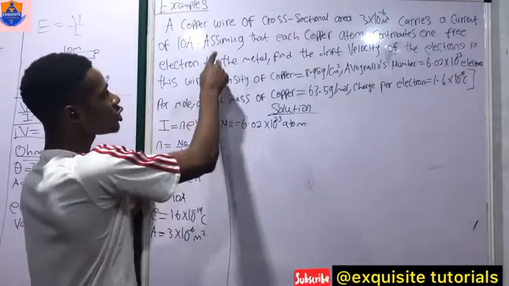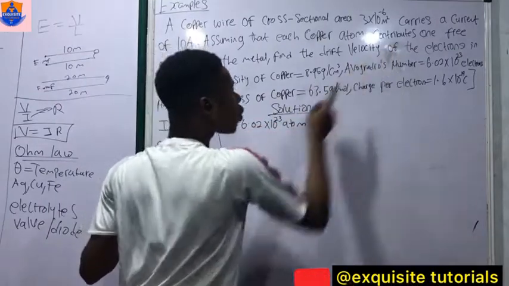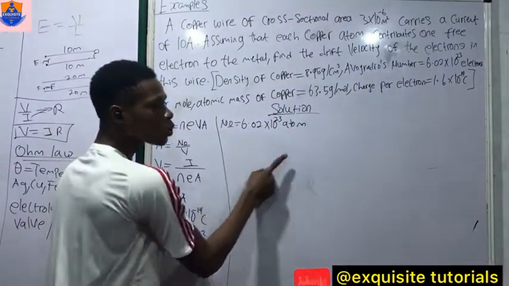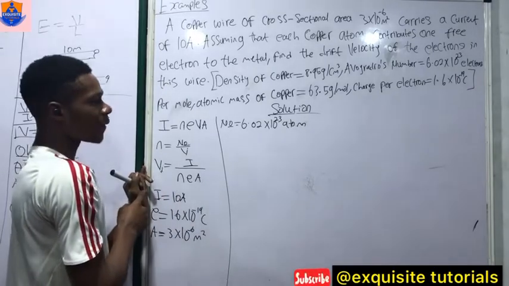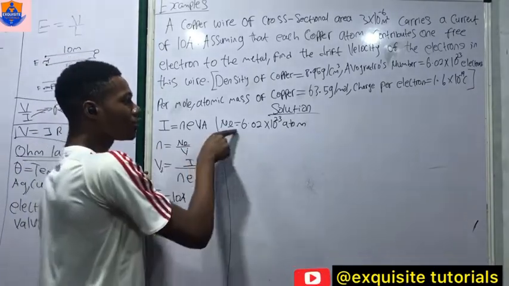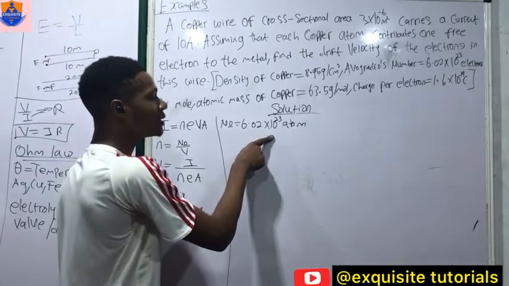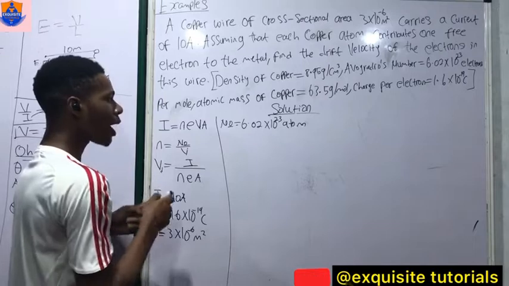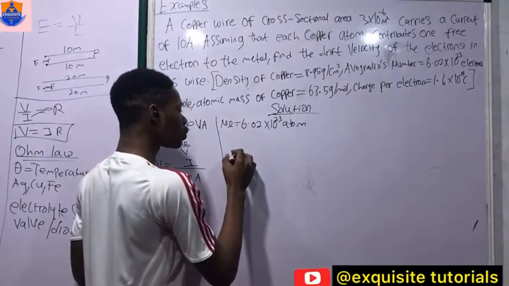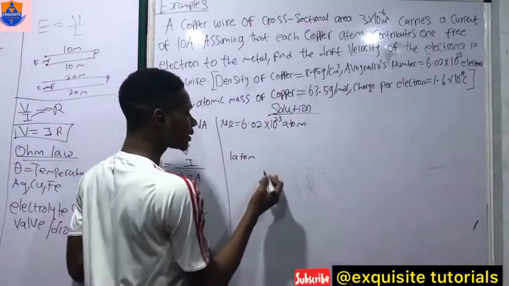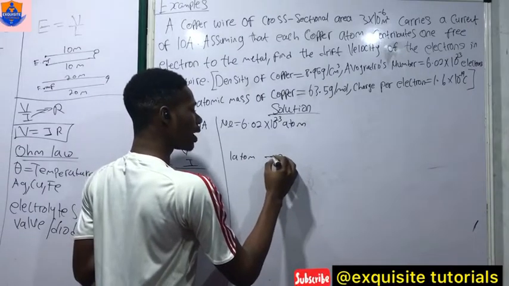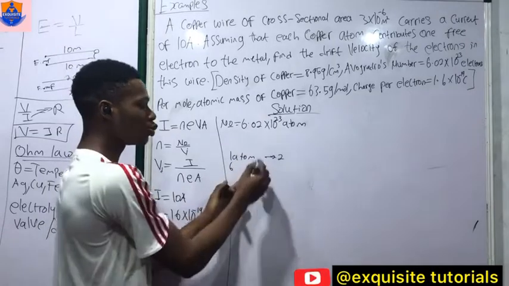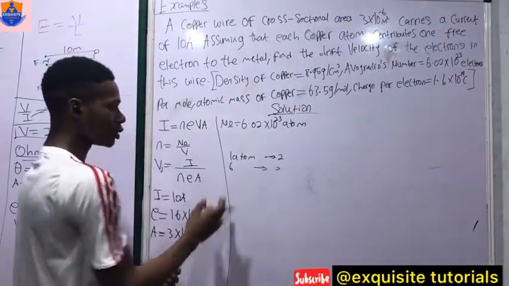They said, assuming that each copper atom contributes one free electron, which means a particular atom gives one free electron to produce the current. It also tells us that the number of atoms present will indicate the number of electrons, since one atom gave one free electron. So assuming one atom gave 2 electrons each, we would have said 6.02 times 10 to the power 23 will give how many electrons in total?